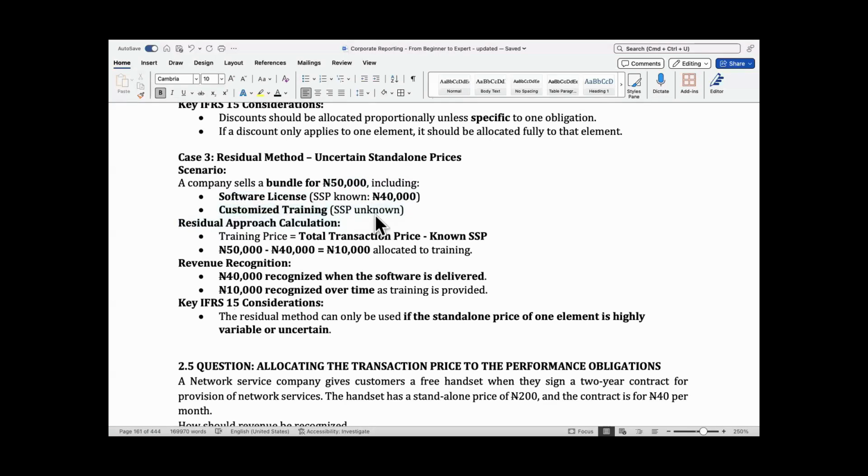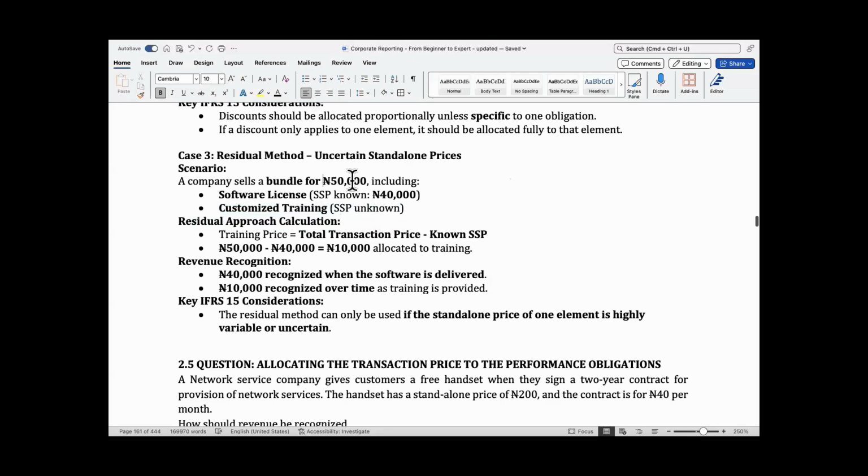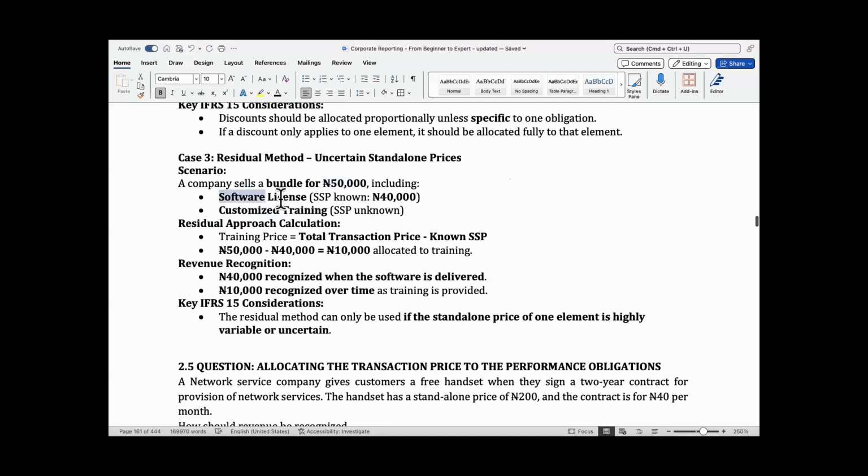What this question wants us to do is that for each service, you must allocate money to it separately. Don't bundle everything together and recognize just 50,000. The 40,000 belongs to software, the 10,000 belongs to customer training. We really want you to separate it in that manner.